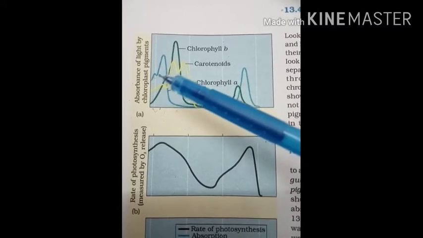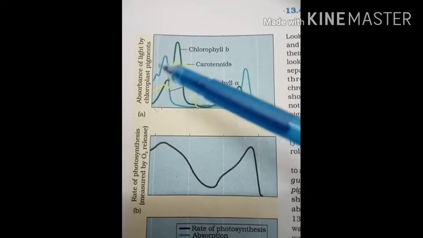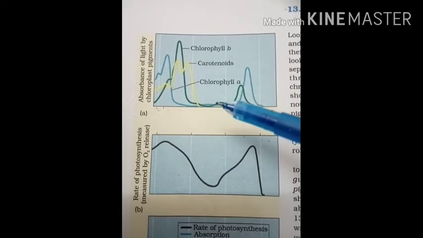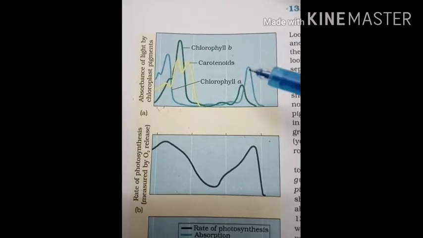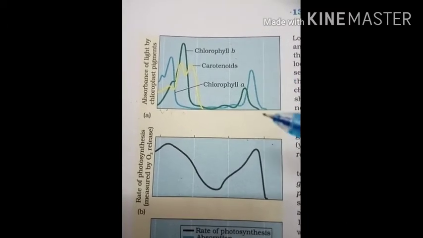In this particular graph we may observe that the chlorophyll A pigment, shown in blue, reaches a maximum peak at a particular wavelength, then declines, and then again reaches a certain height and shows maximum activity.